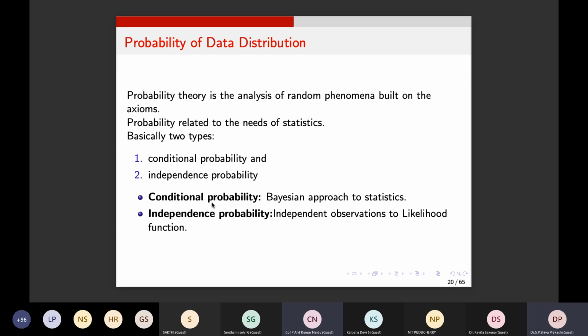Now basically here we try to use the probability theory, which is an analysis of random phenomena built on the axioms. So these probabilities relate to the needs of statistics, right? So, two types, one is conditional probability and independence probability.